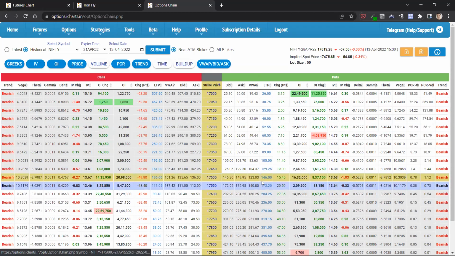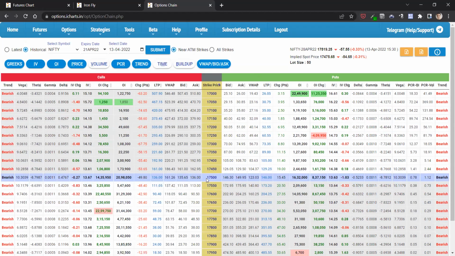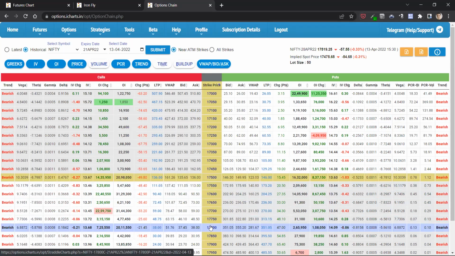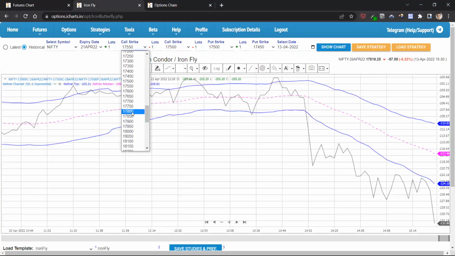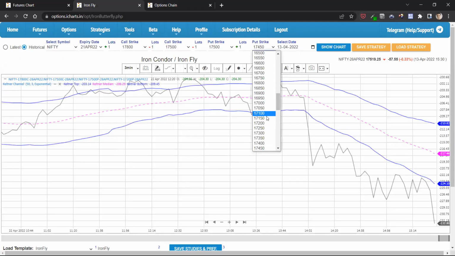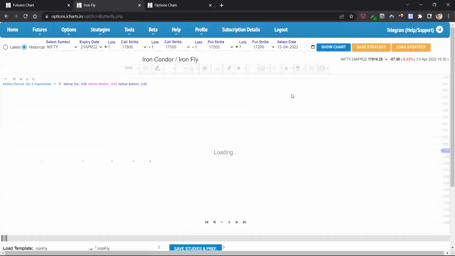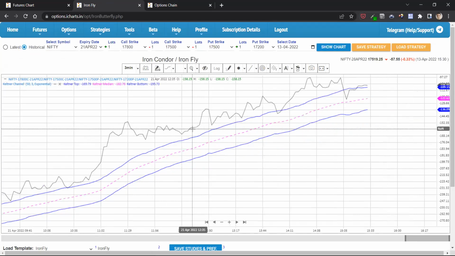This is 270.82 or something, 282, so round off to 300. So 17.5 plus 300 and minus 300: 17.8 and 17.2 would be my strikes. Call strike will be 17.8 and put strike will be 17.2.